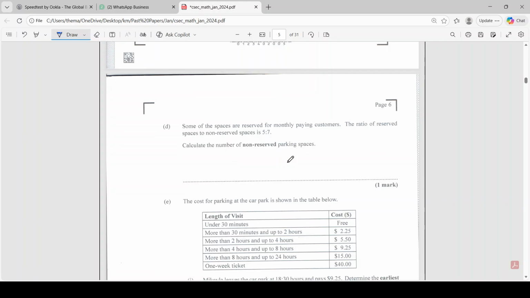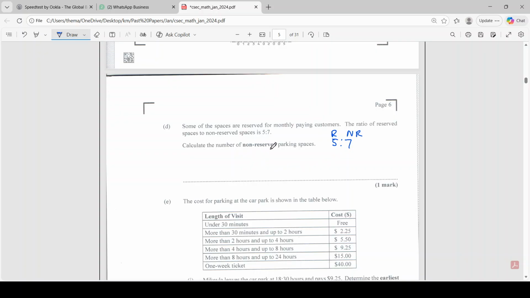Part D: some of the spaces are reserved for monthly paying customers. The ratio of reserved spaces to non-reserved is 5 to 7. So we have a ratio question again. Reserved comes first, so reserved is the 5, and non-reserved is 7.